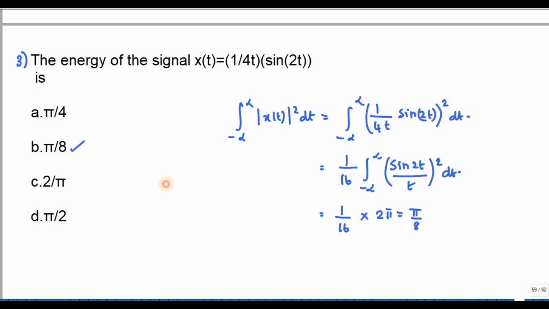Since it is sine 2t, I am going to multiply by 2, so I will get 2 pi divided by 16, that is equal to pi divided by 8. So this is the formula of this one. Here it is sine 2t, so it is 2 pi f.